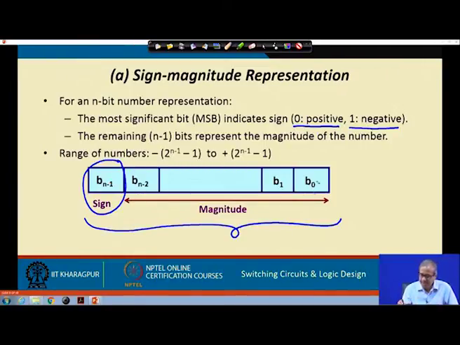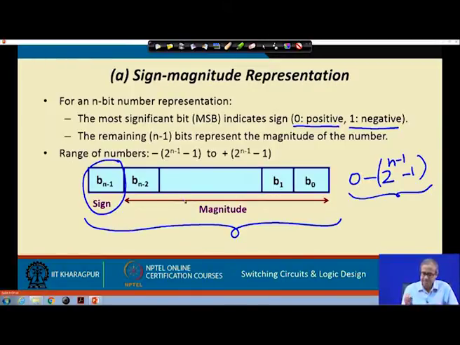And the remaining n minus 1 bits will represent the magnitude, and already we know that in n minus 1 bits we can represent a number in the range 0 up to 2 to the power n minus 1 minus 1. So, the magnitude can be in this range.